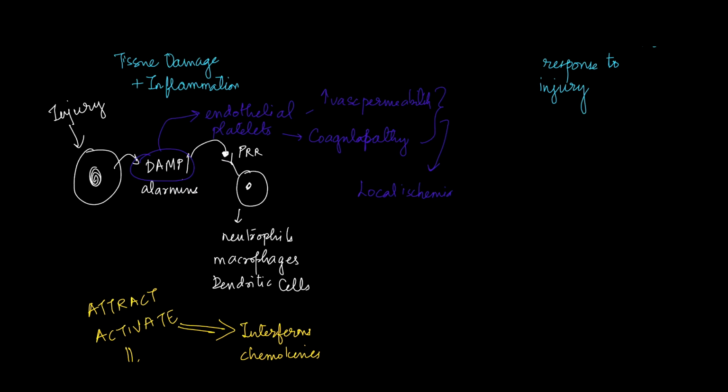And this ischemia will produce more damage associated molecular patterns. So, what started as a local inflammation process for tissue repair, when it gets uncontrolled or prolonged, becomes a risk factor for systemic malfunction, such as acute kidney injury, acute lung injury, coagulopathy, multi-organ dysfunction syndrome, and organ failures.